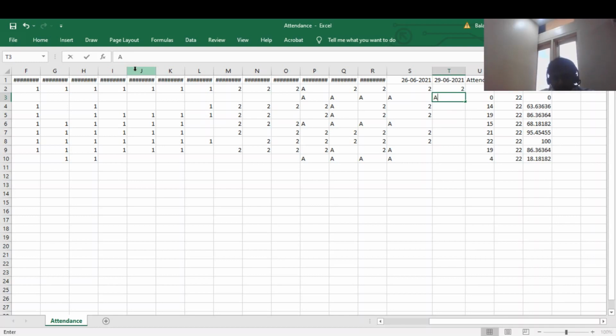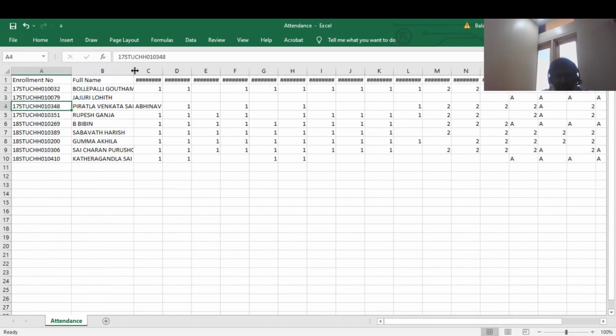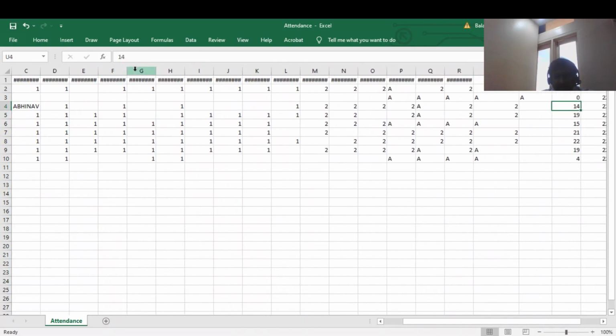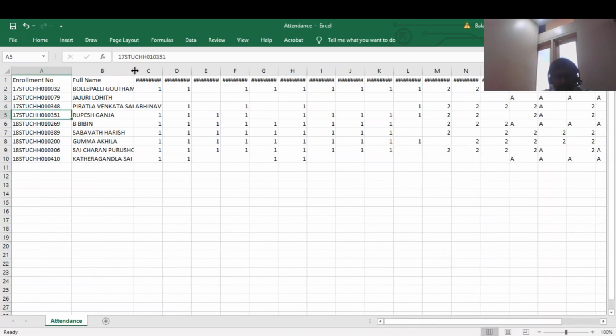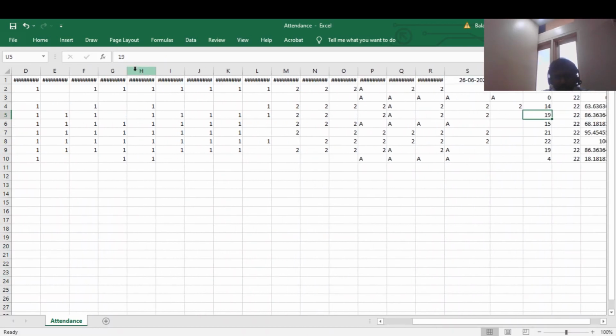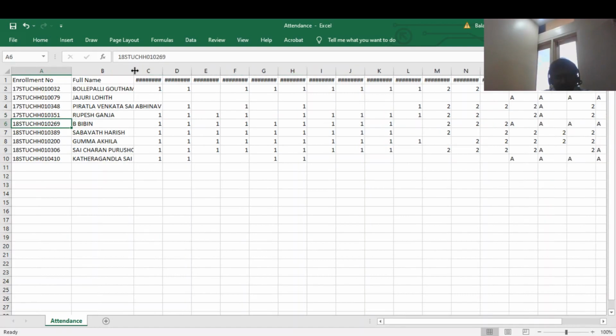He attended the test without attending any class, but I don't know. 348. So are you responding, Abhinav? 351, Rupesh. Rupesh, are you answering? 269, Bibin.